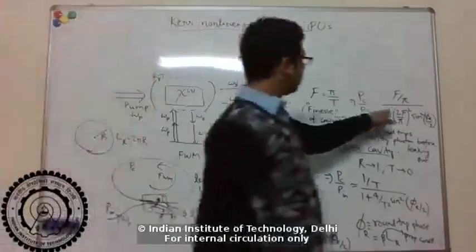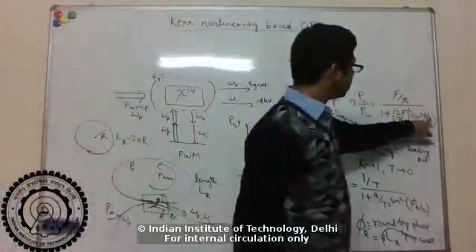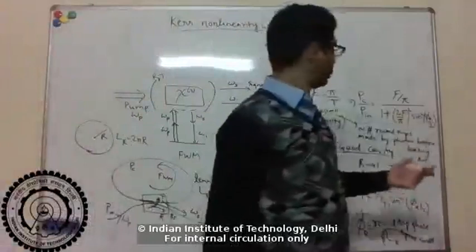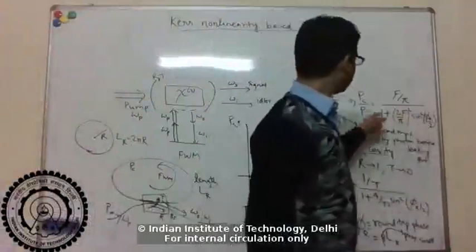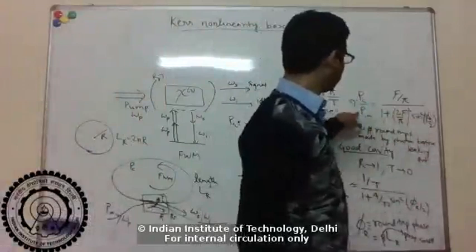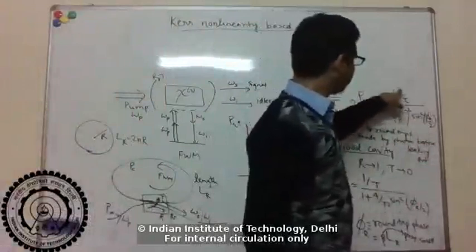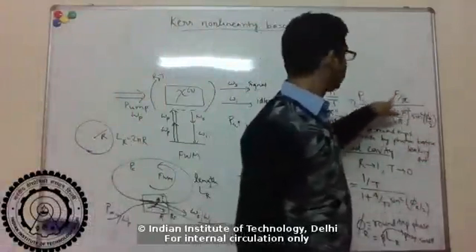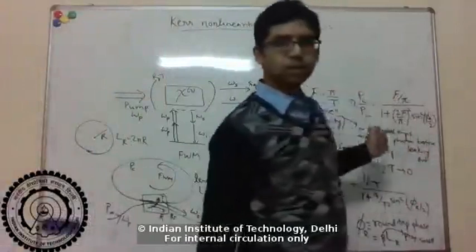Right, and so basically, whenever this phi R becomes a multiple of pi, then this factor becomes 0, and then you can see that the power in the cavity is a factor of finesse times my input power.